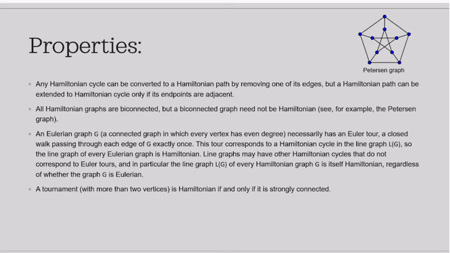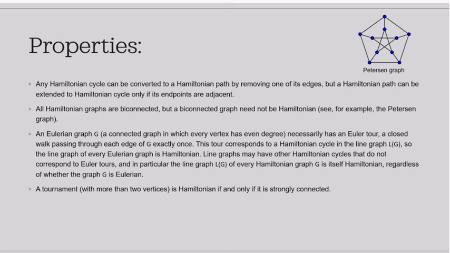An Eulerian graph G, a connected graph in which every vertex has even degree, necessarily has an Euler tour, a closed walk passing through each edge of G exactly once. This tour corresponds to a Hamiltonian cycle in the line graph L of G, so the line graph of every Eulerian graph is Hamiltonian.